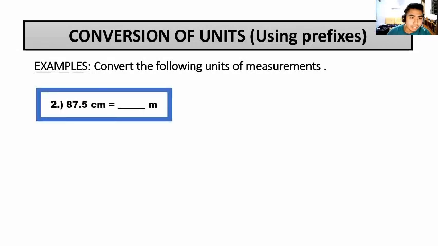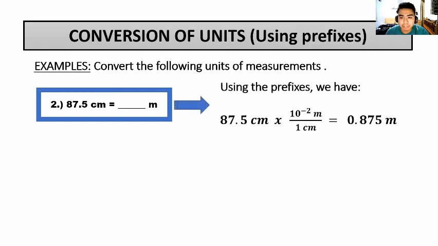Number 2, 87.5 centimeter to meter. So what is 87.5 centimeter in meters? So solution, using the prefixes we have, convert natin 87.5 cm to meter. Alam natin, di ba, 1 meter is 100 cm.